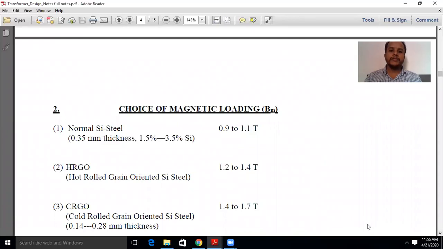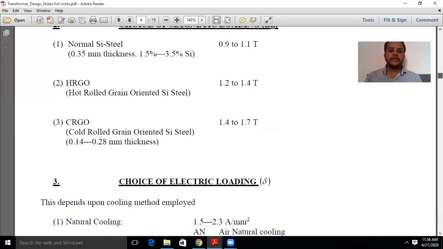Then we discussed the choice of magnetic loading, BM. This is different for different types of materials: 0.9 to 1.1 Tesla, 1.2 to 1.4 Tesla, 1.4 to 1.7 Tesla, and so on.